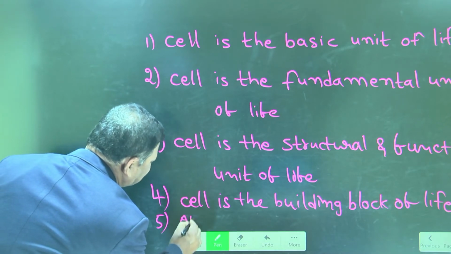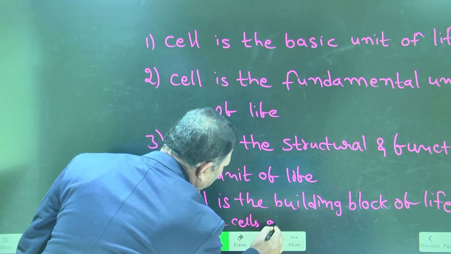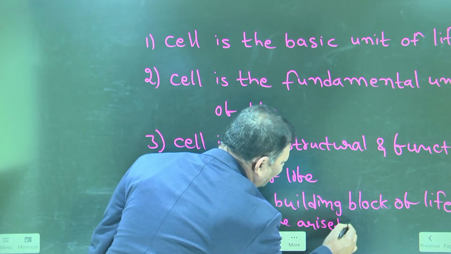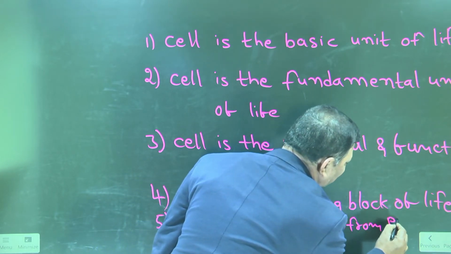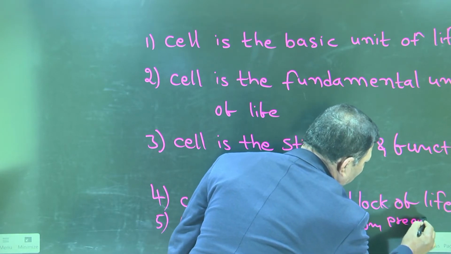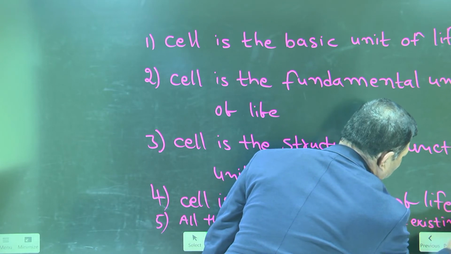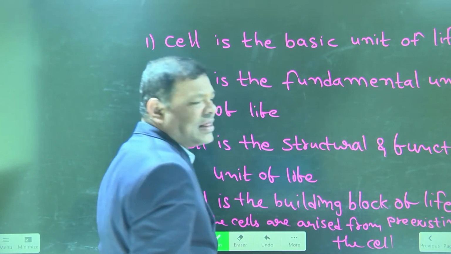All the cells arise from pre-existing cells. This is known as the cell theory.